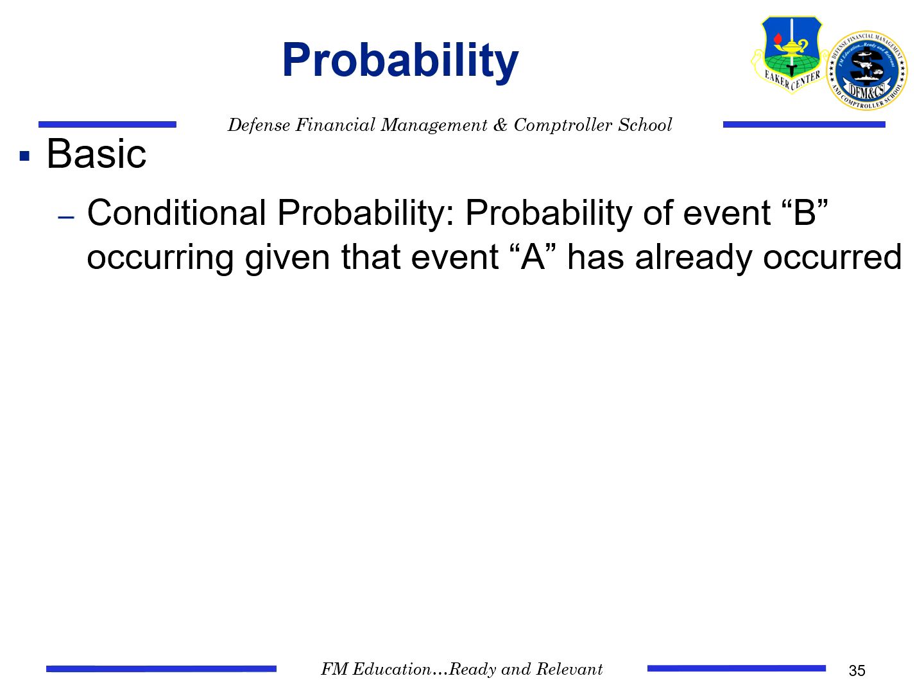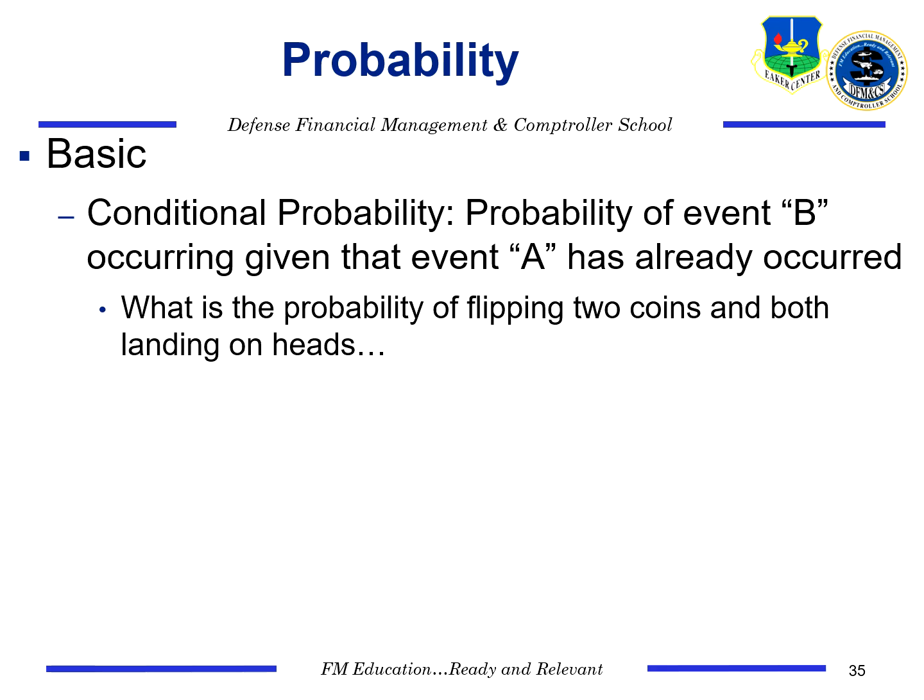Now for conditional probability, we have a probability of event B occurring given that A has already occurred. So what is the probability of flipping 2 coins and both landing on heads, given that 1 coin landed on heads earlier?